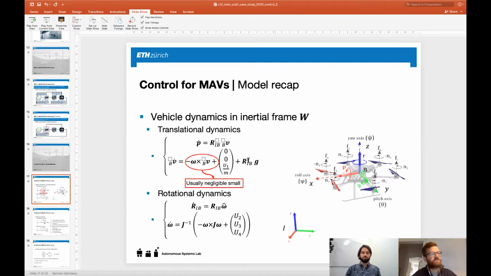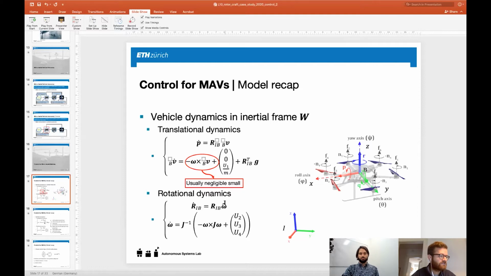And then as a third part to the acceleration, we also have the gravity, which acts along the world Z axis. So we have to rotate that to the body frame. This is where this term comes from. And then for the rotational dynamics, we get this equation for how the rotation, so attitude, changes, which is a function of the angular velocity.